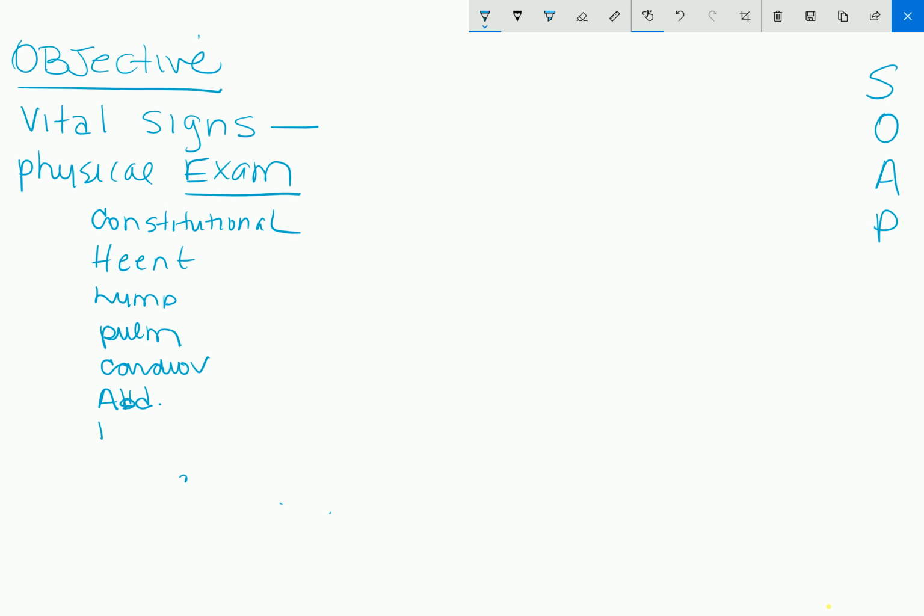And musculoskeletal, GI, neuro, psychiatric, skin, and for women we generally try to put our reproductive system in with the GI, that's typically where we do it.